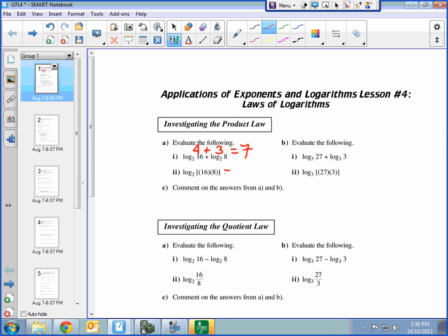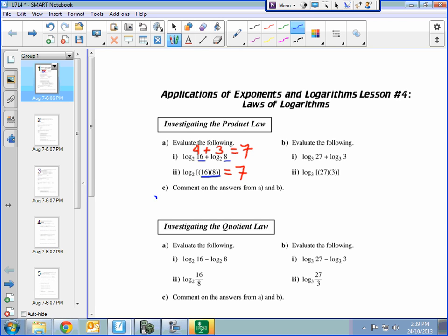Do you see anything similar here? So look at A part 1, part 2. Log of 16 base 2 plus log of 8 base 2 is equal to 7. Log of 16 times 8 base 2 is equal to 7. Look at your arguments. So you have 16 and 8, and you have 16 times 8. Okay?